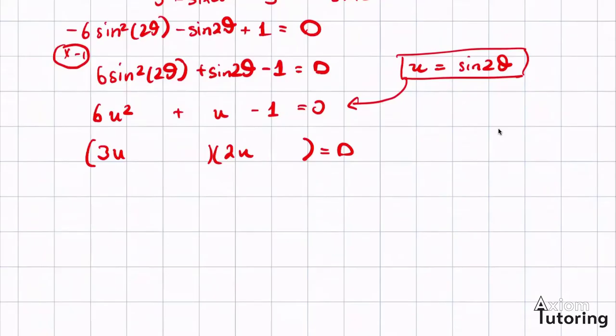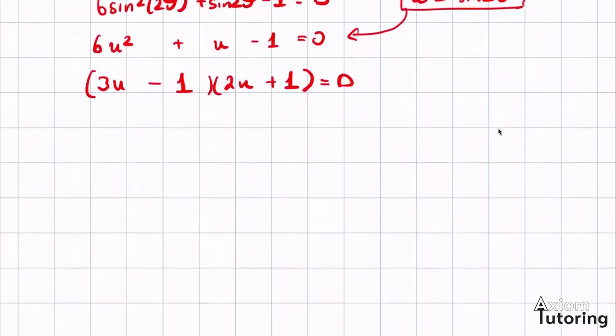Well, if I put positive 1 there, and I put negative 1 there, I know negative 1 multiplied by 1 gives me negative 1. And if you multiply it out, you should see that you will get the rest of it there. So you'll get u and 6u squared. So you can just have a check of that for yourself.